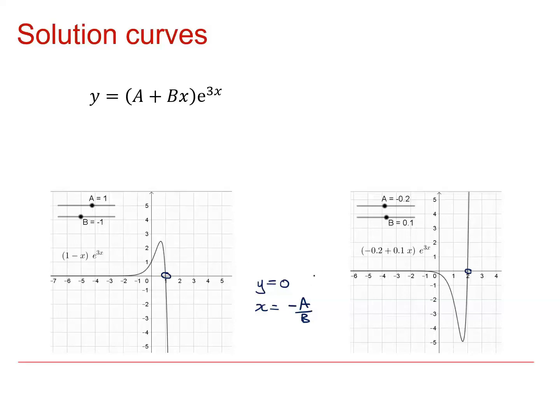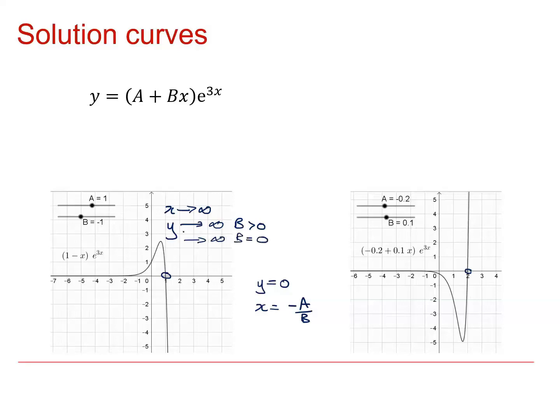Second thing to notice is what happens for large values of x. So as x tends to infinity, y, well, it depends on the value of b. It'll either tend to infinity if b is greater than 0, or it'll tend to a e to the 3x if b is equal to 0.